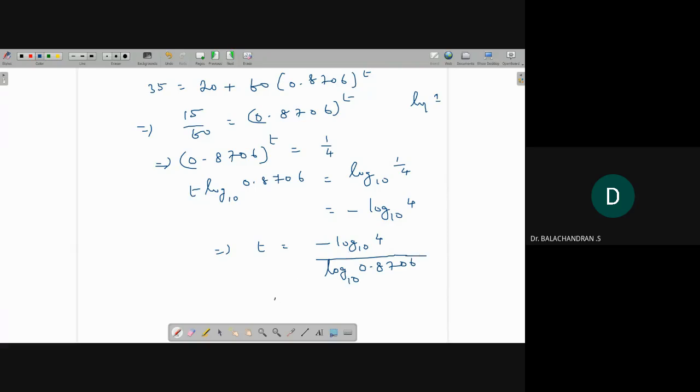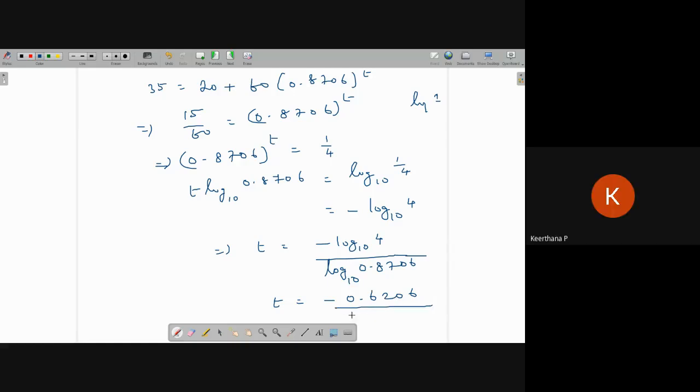So please tell what is the numerator and what is the denominator using calci. Numerator 0.602, sir. Okay, 0.6206 I am getting. So please check it once again.